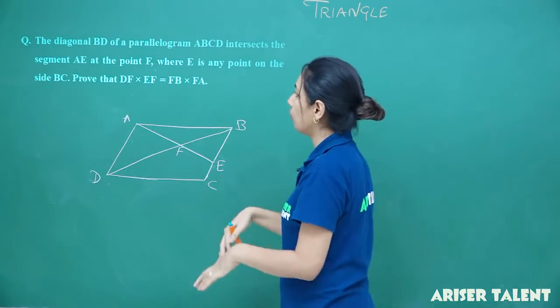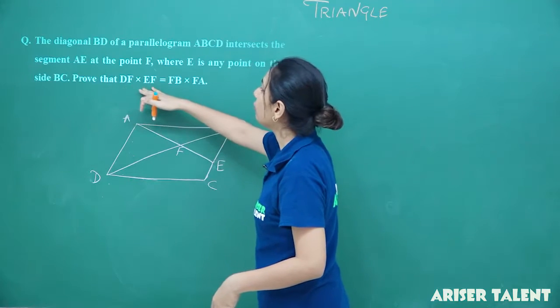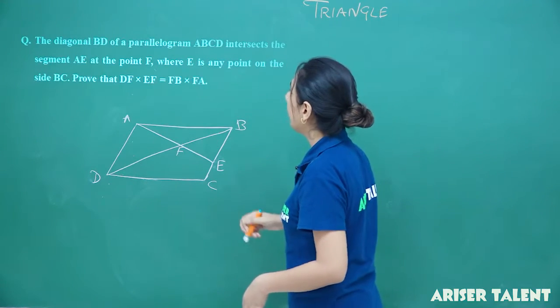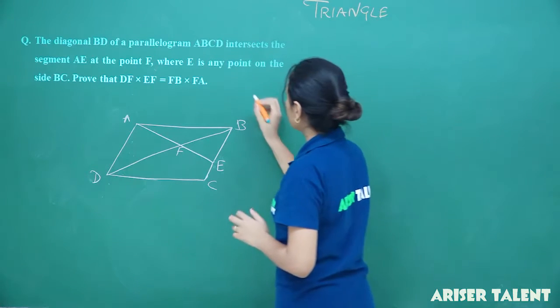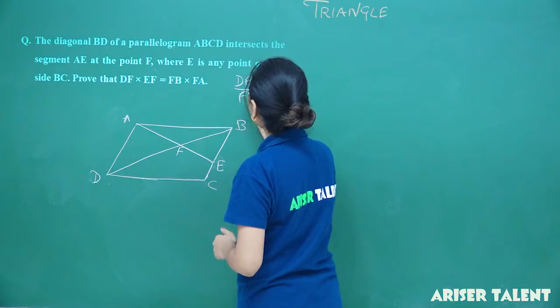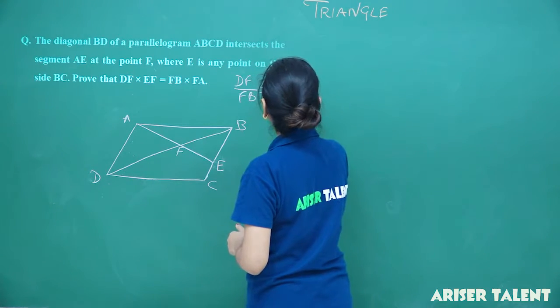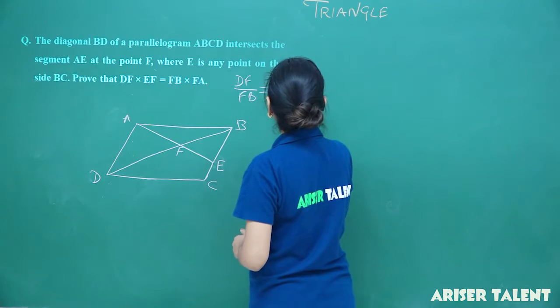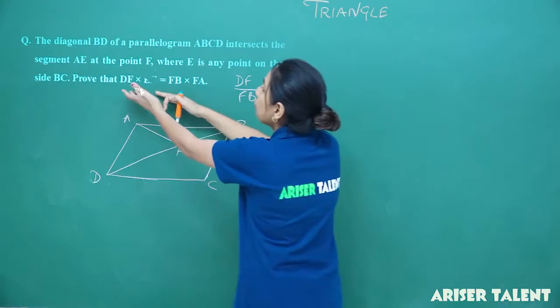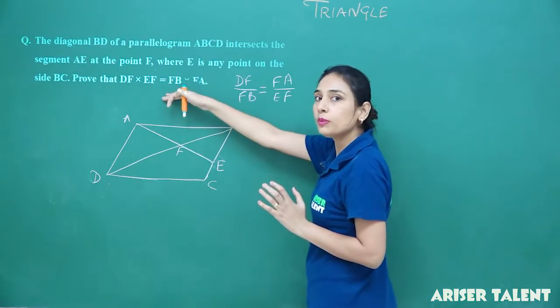Now we have to prove. What do we have to prove? That DF multiplied by EF is equal to FB multiplied by FA. You can say that we can also prove DF by FB equals FA by EF. If we prove that, then it will also be proved.